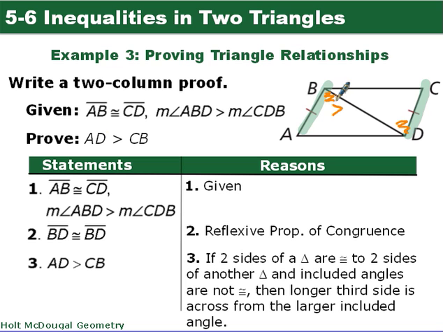And then the reflexive property: BD has to be congruent to itself, from the reflexive property of congruence. And so we have two congruent sides, and then we're looking at the included angles. They're not congruent, and the sides aren't congruent. So we can then state that AD, the side length here, has to be greater than BC because of the Hinge theorem. Larger angle, longer side.